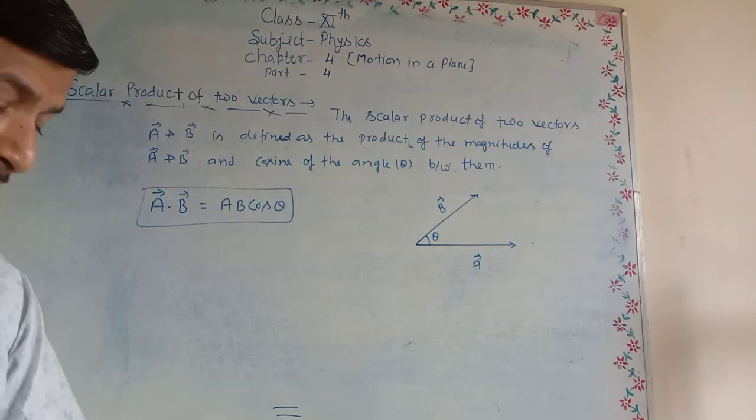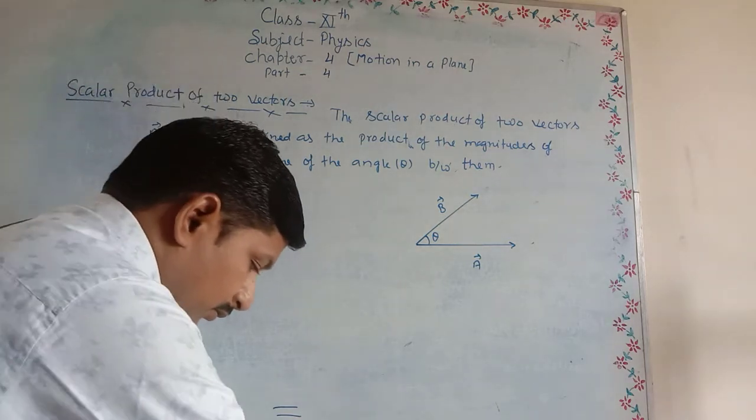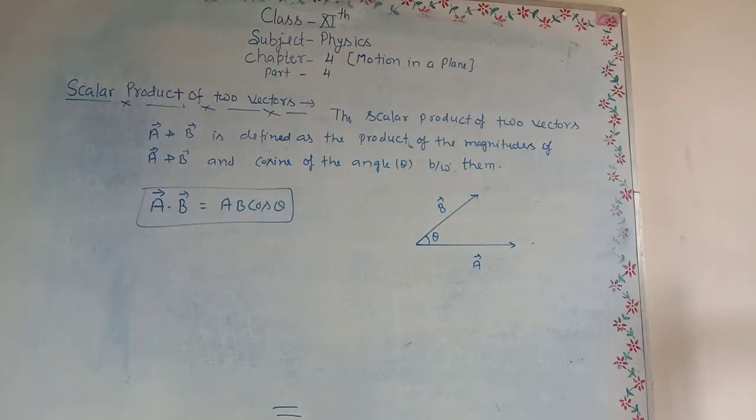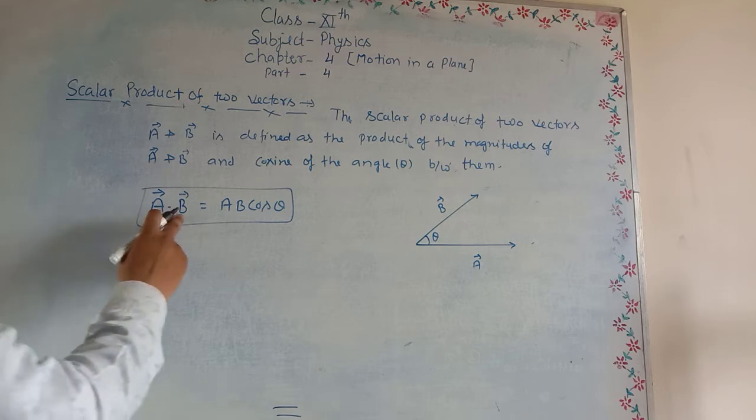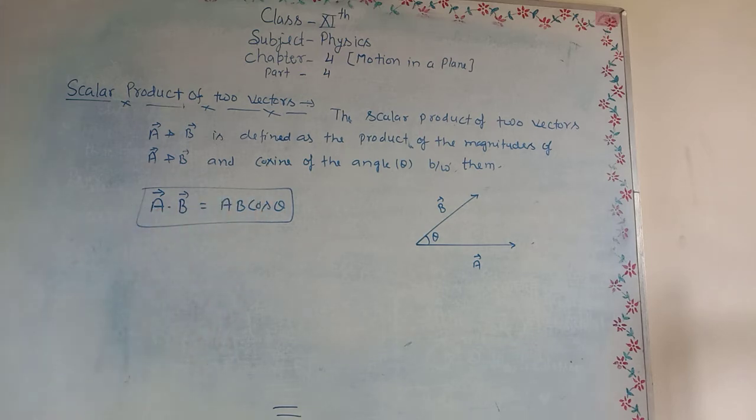Okay students, I hope you understand that A dot B is equal to AB cos theta.